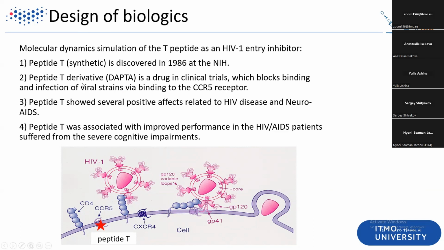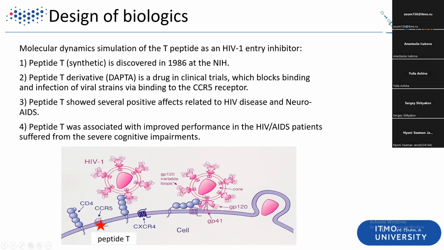This peptide T-derived Dapta peptide is a drug in clinical trials which blocks the binding of the CCR5 receptor. The HIV binds to the CD4 receptor by means of the CCR5.